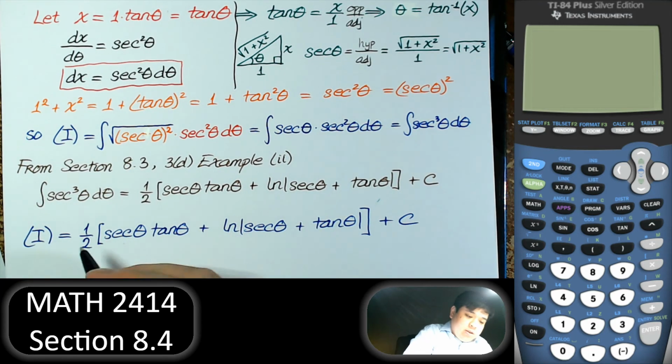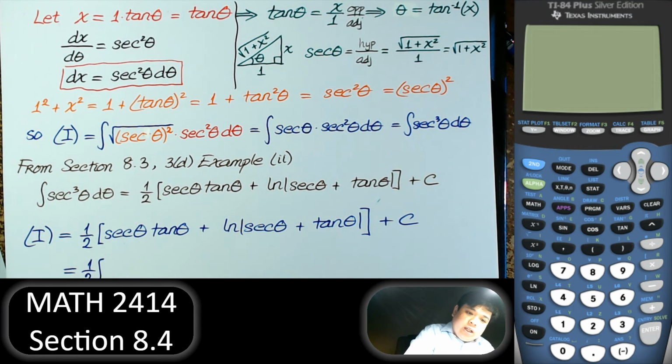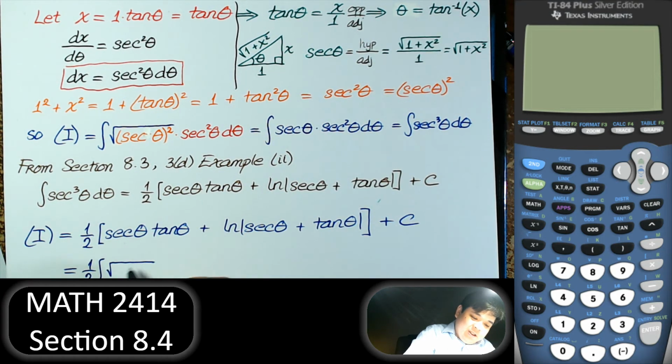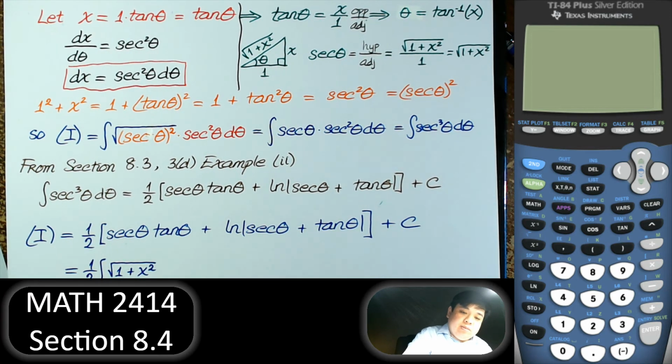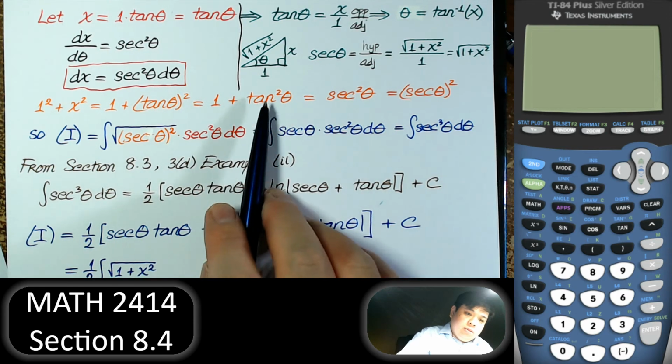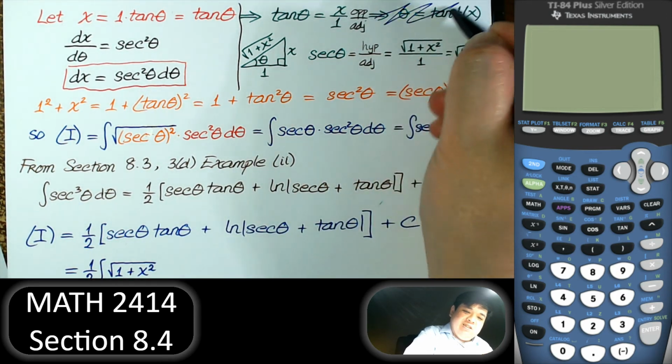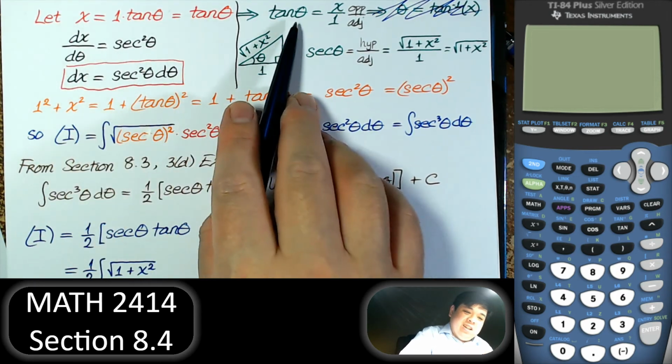And substitute into here, so we have secant and tangent. So that gives us 1/2 secant. What is secant? Oh, that. Tangent. Oh, we don't even need this. Tangent is equal to x.